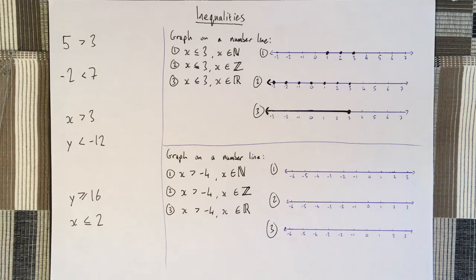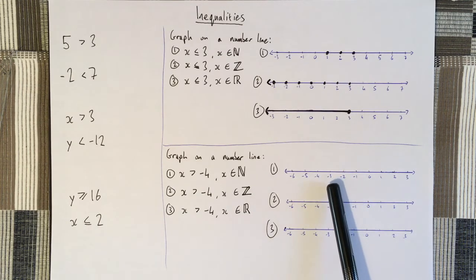Anyway, to graphing it, x is greater than -4 and x is a natural number. Okay, so greater than -4, so -4 is definitely not included. Okay, so this is just greater than, it's not greater than or equal to. All right, so it doesn't include -4. Does it include -3?